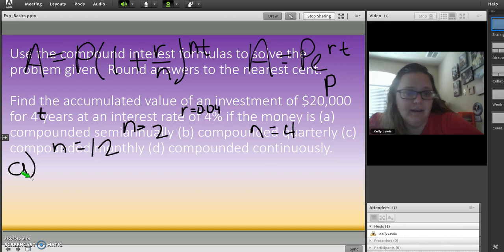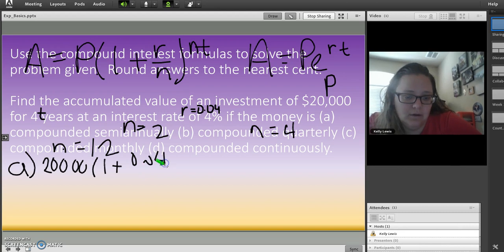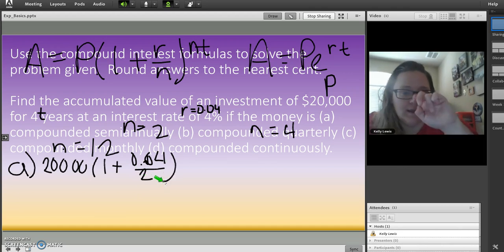All right, I'm going to use my calculator to help. For A, that formula: 20 grand, (1 plus 0.04 over N, so 2), and then raised to N times T. T is 4 and N is 2, so I get 8.